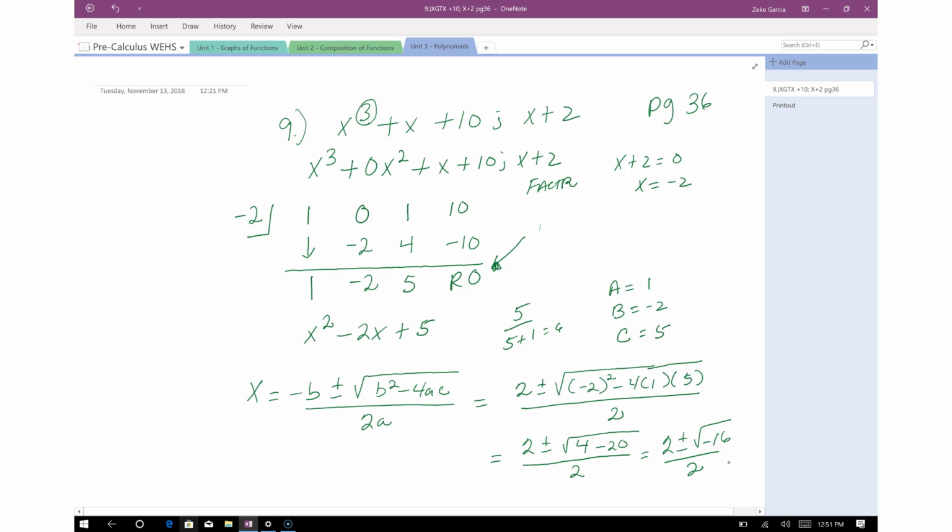And we can't find the square root of negative 16. That's a complex number. So we're going to have 2 plus or minus 4i divided by 2. So the roots are going to be 1 plus or minus 4i.